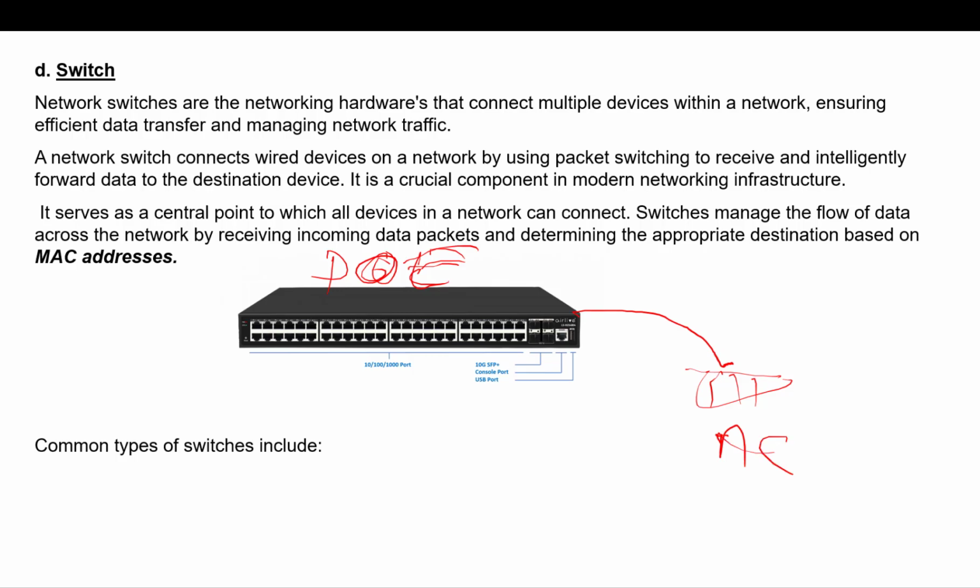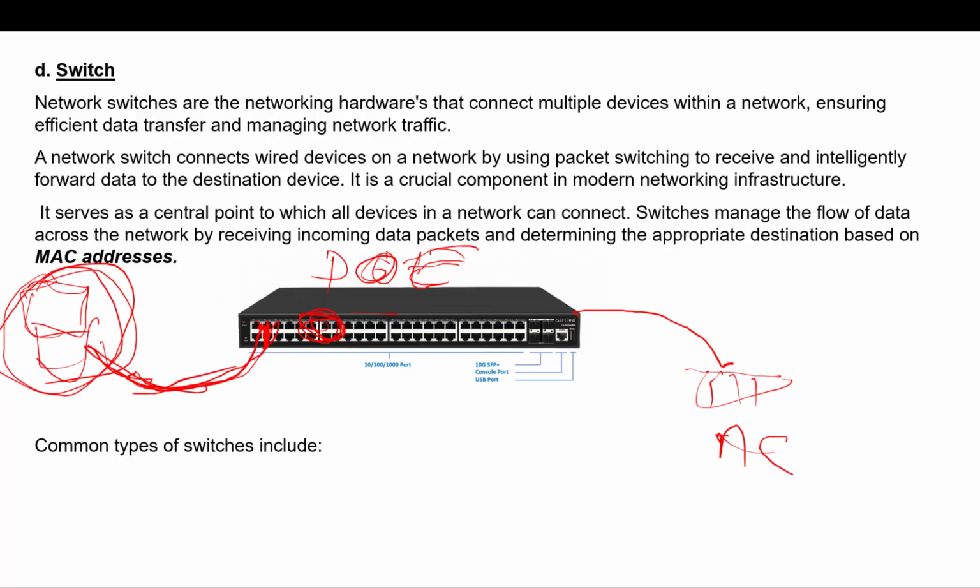Now, this port also supplies current. So for example, if you have CCTV cameras that need power, because we have different types of CCTV cameras. We have the ones that use a charger, and we have the PoE CCTV camera. So if you connect an Ethernet cable on this switch, if it is a PoE switch and the camera is a PoE camera, you don't need to give this camera power again, because this cable also takes power from the switch to power on this camera.